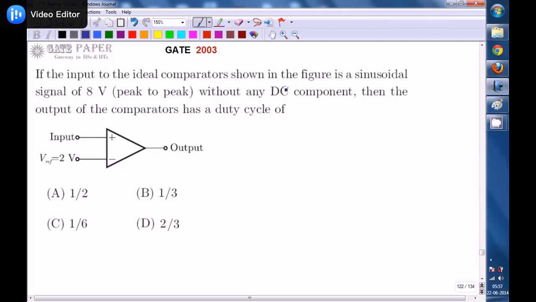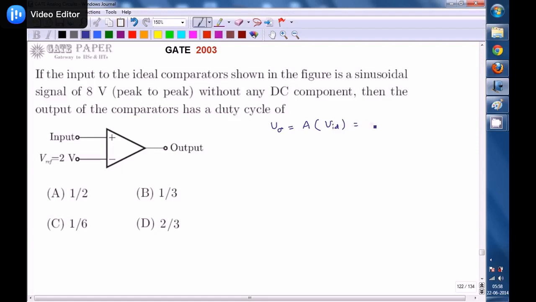Okay, so for comparator, the op amp is going to act as open loop. The output of comparator is depending on the difference between the two input signals. We know output of op amp is defined as V0 is equal to gain times VID.